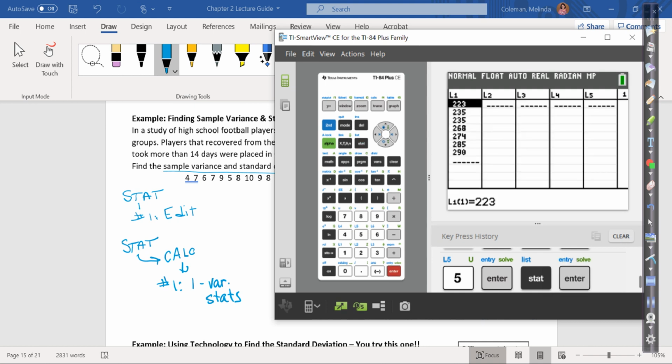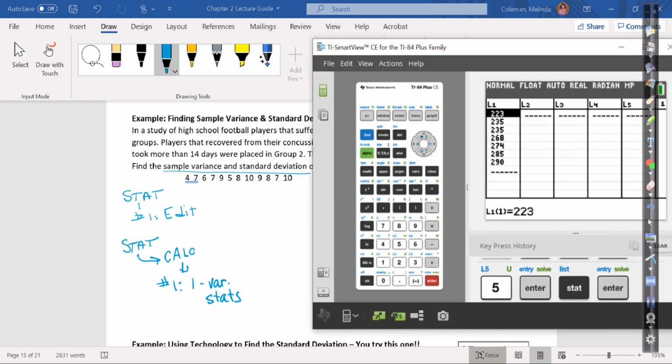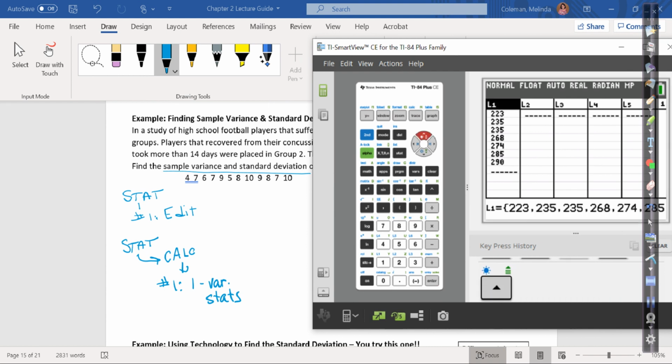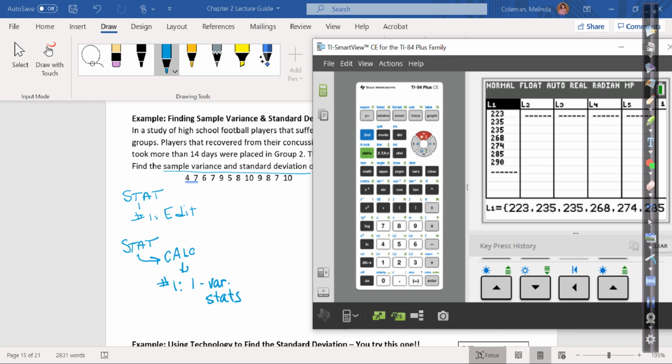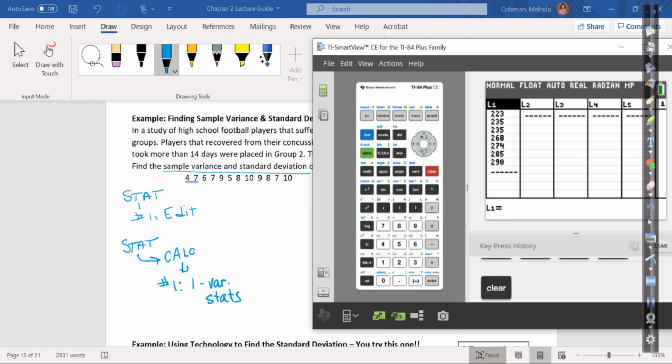Now remember, we had data in here from a previous example, so it's still there. It's not going to go away. If I tab up to where my cursor is now on the actual L1 versus on a data point, you can see the data point is 223 here, but when I go up, now it tells me my list and what's in my list. So if I hit clear and then enter, it clears list 1.